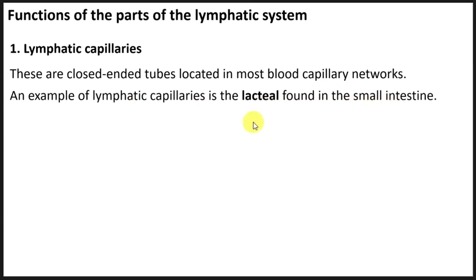As we look at digestion, you find that in the villi of the small intestine, there is a vessel called the lacteal, which collects glycerol and fatty acids, takes them to the heart so that it adds them into the blood for transportation into all parts of the body. So that is one example of a lymphatic capillary, which is a lacteal. You have to know this.